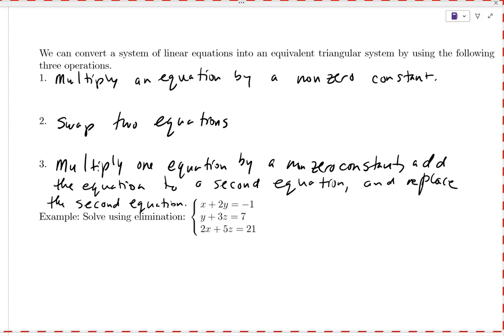Sounds complicated, but we've already done it, right? We've done it in stages. This just says do it all at once.